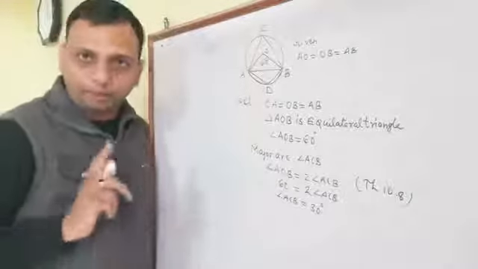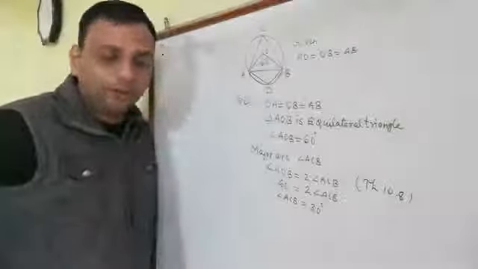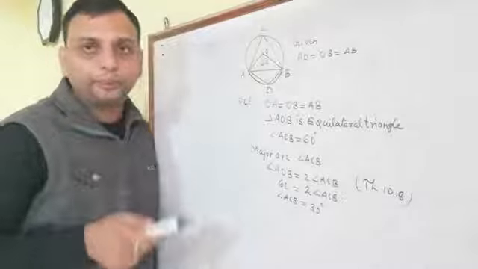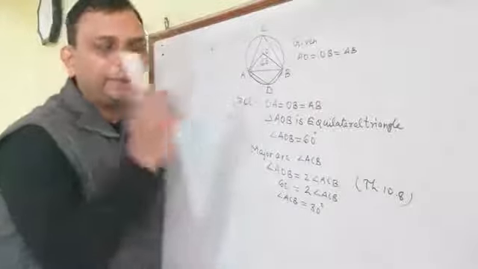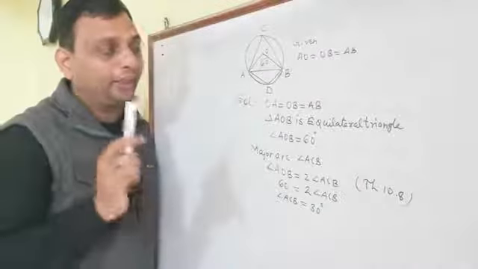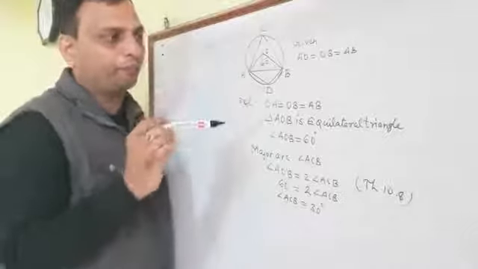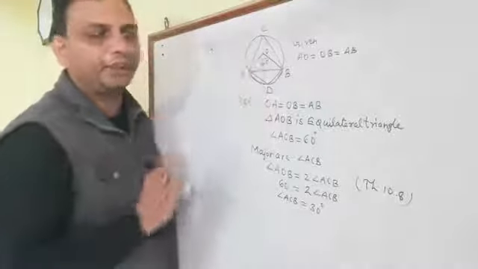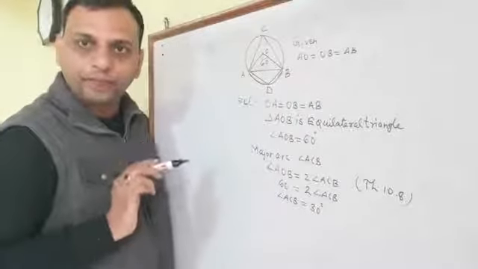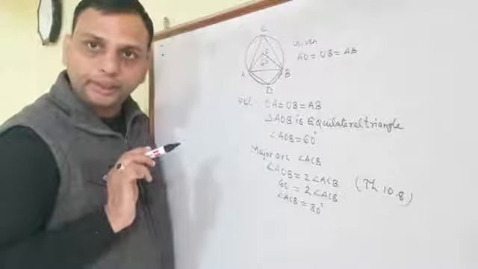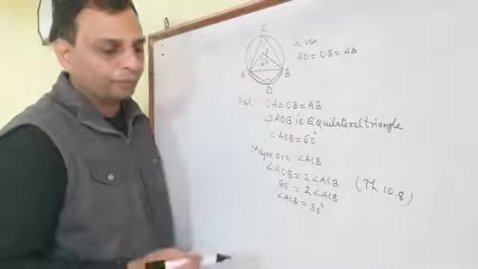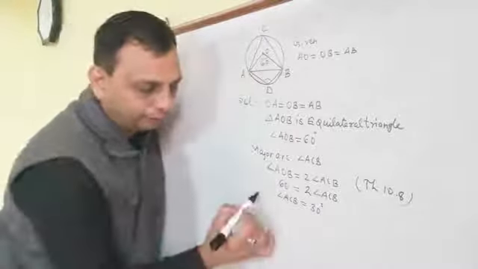Now to find the minor arc angle, one thing should be very clear. This ADB is the minor arc, and for the minor arc there is one problem. Before finding the minor arc angle, we will find the reflex angle of 60 degree. First we will find the reflex angle of the 60 degree, then we will find the angle here.